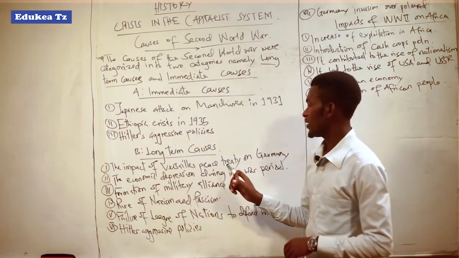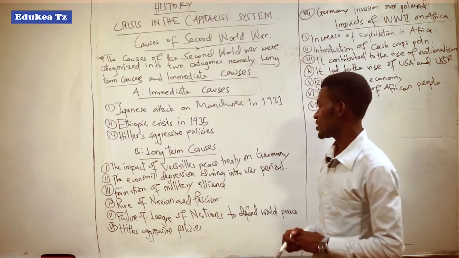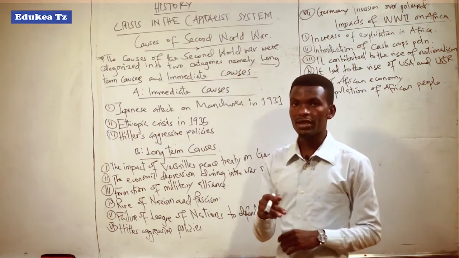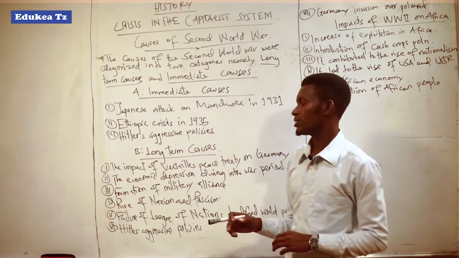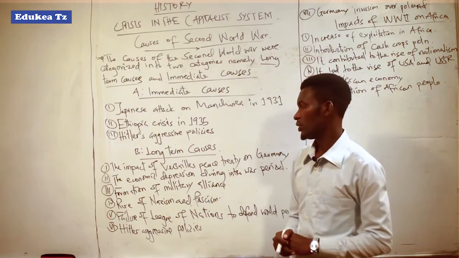So those agreements which resulted from the Versailles Peace Treaty led Germany to ignore them, and led to the invasion of other nations, and as a result led to the outbreak of the Second World War.